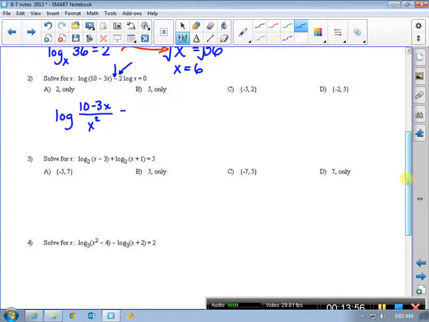Okay. And it says that this equals 0. So let's switch this to exponential form. Our base is 10. It's a common logarithm. So 10 to the 0 equals 10 minus 3x over x squared. 10 to the 0 is 1.